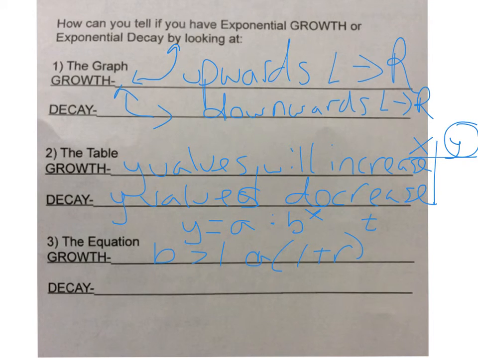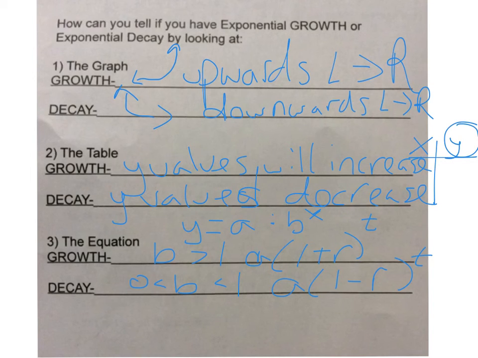On the other hand, when you have decay, that base value, that's going to be some number between 0 and 1. Like 0.3 or 1/3 or 0.7. So that's going to happen when you have a times 1 minus the rate. When you take some value away from 1, you're going to get a number smaller than 1. And when that happens, that indicates decay.